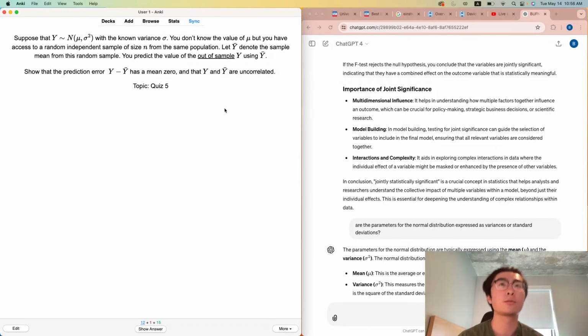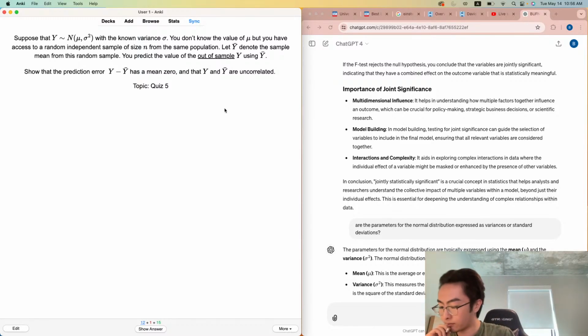Sample mean from this random sample. Divide this by n.